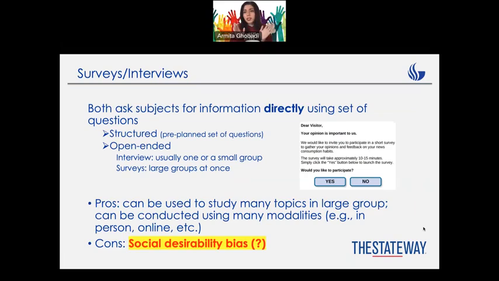But for a survey, you can conduct 1,000 interviews all at the same time, because it is all about paper, or it can be a video recorded by the participants themselves. For example, if you go to SurveyMonkey, you can see a lot of surveys and interviews that you can participate in without even seeing the experimenter, right?